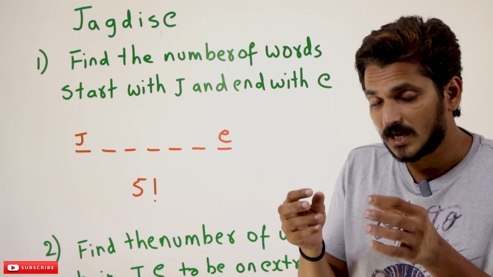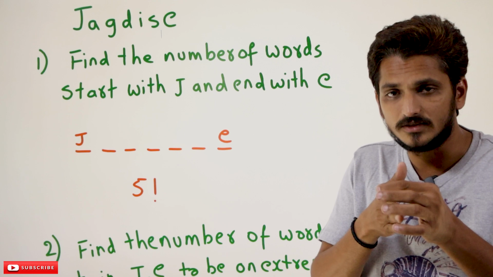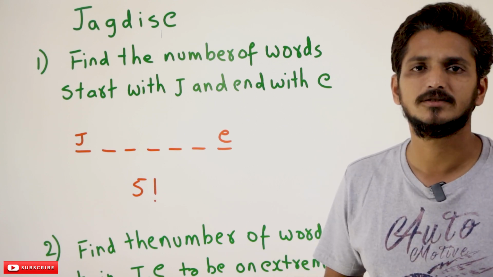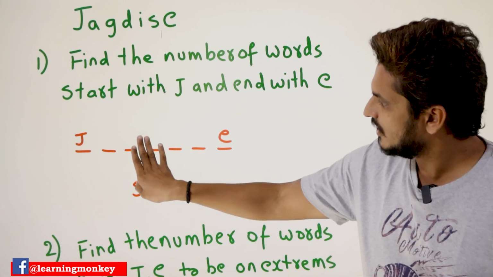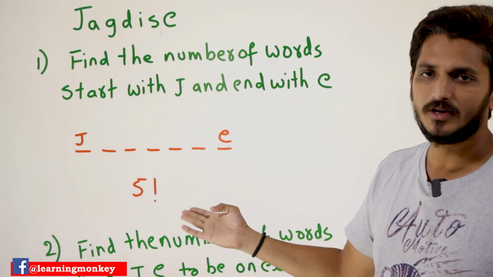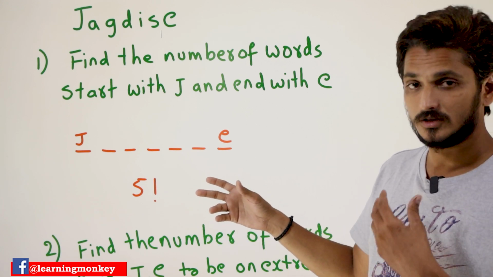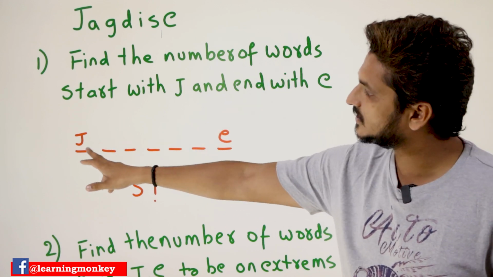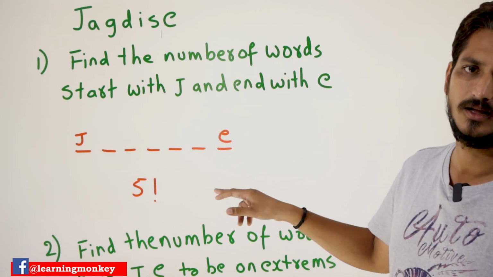You can arrange 5 elements in 5 positions in 5 factorial ways. This is the basic thing which we understand from our previous classes. So the total number of words that start with J and end with E is 5 factorial.